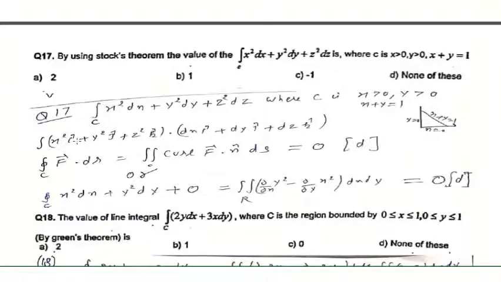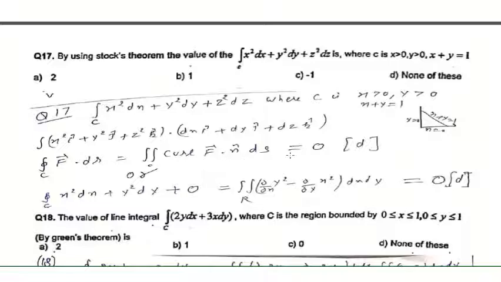So here F is this, and with i there is only x, with j there is only y, with k there is only z, so its curl is always 0.